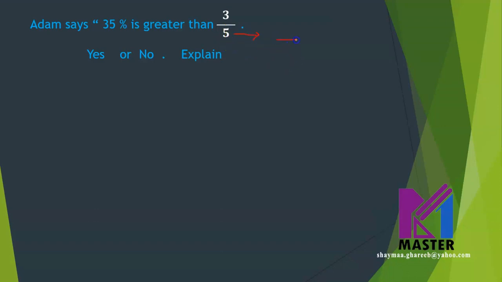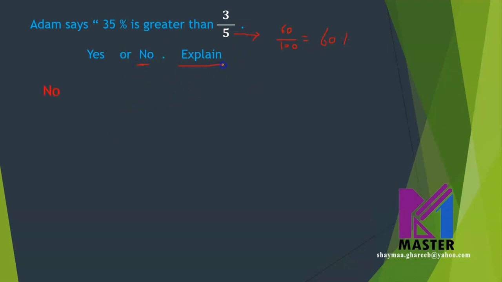So it will give me as a fraction 60 over 100, which means 60%, right? So 35%, of course, is smaller than the 3/5, not greater than. So the answer here will be no.